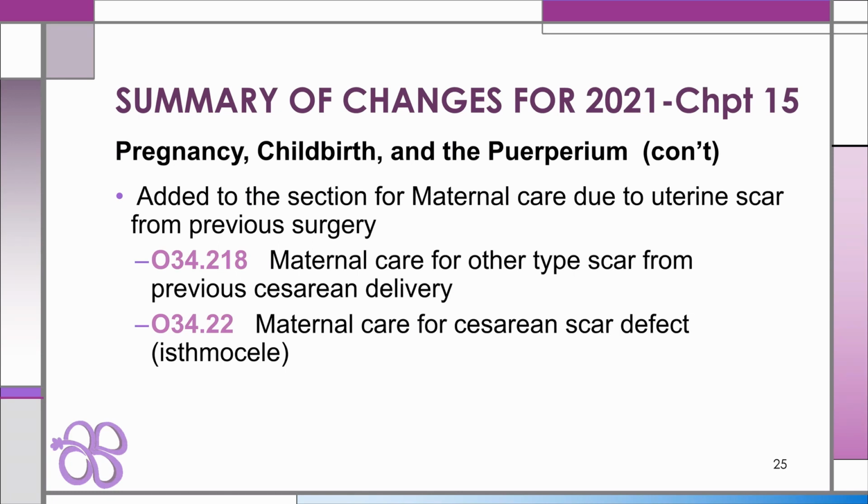So going to slide 25, there are 5 new codes in this chapter. 2 of the codes, O34.218 and O34.22, relate to maternal care for cesarean scars. So in addition to maternal care for a low transverse scar, a vertical scar, and an unspecified scar, there's O34.218 and O34.22.